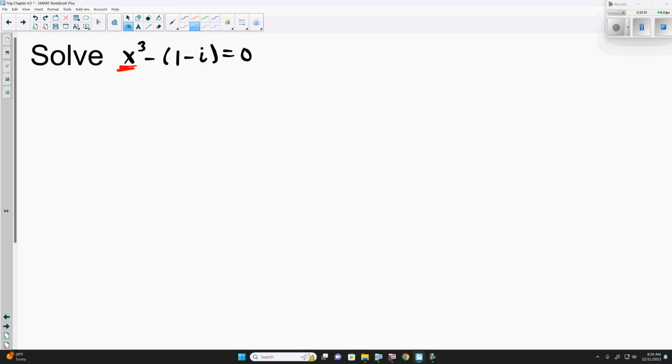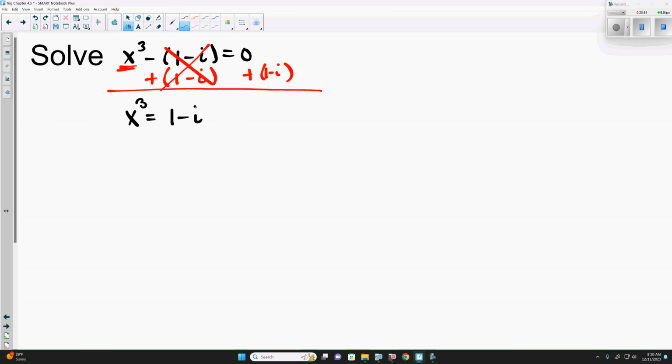So what we can do here is add our 1 minus I term to both sides, because here they would cancel. We could distribute the negative 1, but it would give us the same thing. And that gives x cubed is equal to 1 minus I.